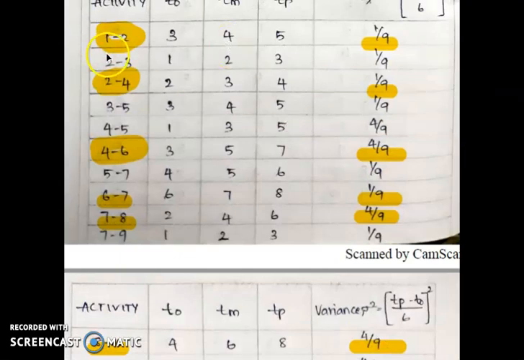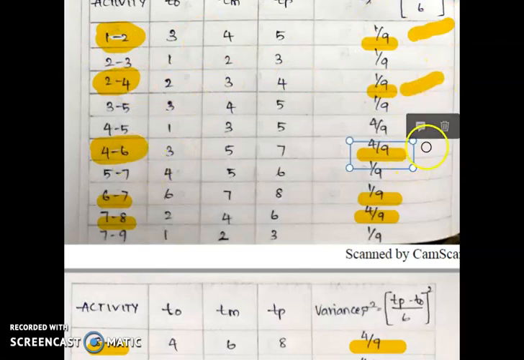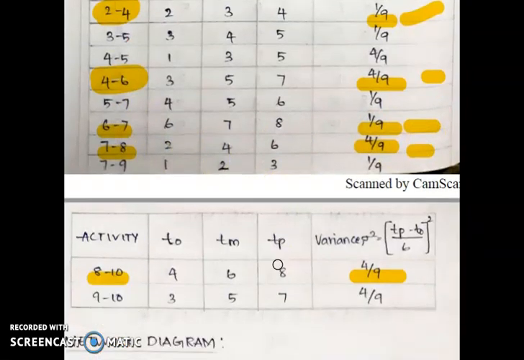The 1 to 2 value will be 1 by 9, 2 to 4 will be 1 by 9, 4 to 6 is 4 by 9, 6 to 7 is 1 by 9, 7 to 8 is 4 by 9, and 8 to 10 is 4 by 9.